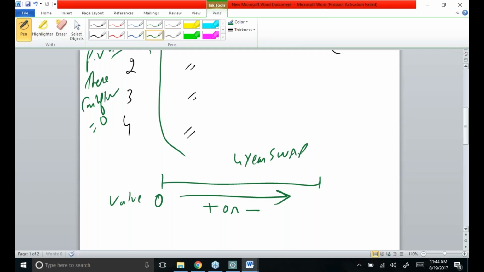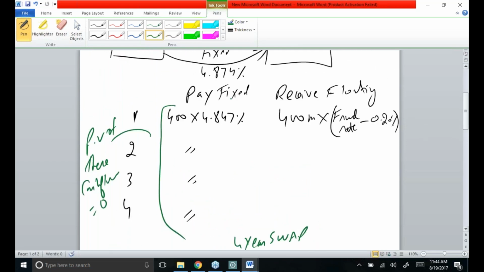How can it be positive or negative during the 4-year period? Your fixed leg has been locked, so it will not change. Every year you will pay this fixed amount, but these floating rates are just estimates. Actual floating rates are yet to come. So let's say you are paying 4.8%, and if floating rates increase over time, that means you will receive a higher amount.